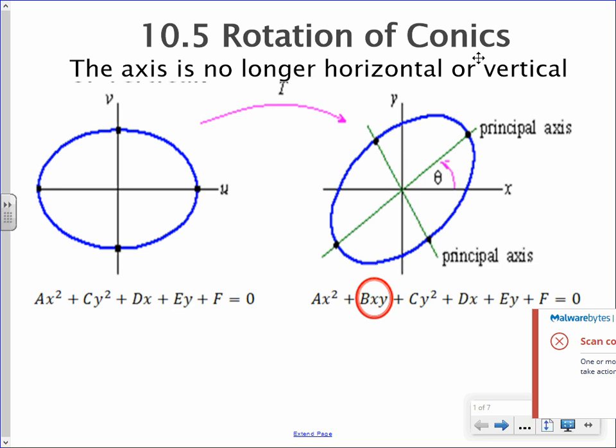Without the xy term, we have a regular horizontal versus vertical conic. If we have that xy term, we are going to have a rotated conic, which means how we approach the problem is going to be very, very different.